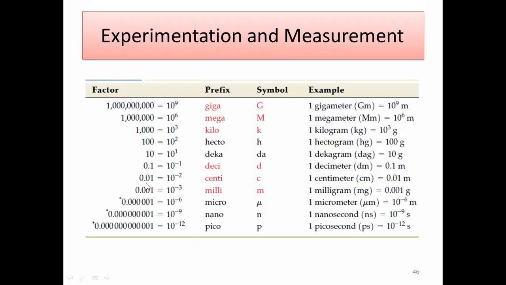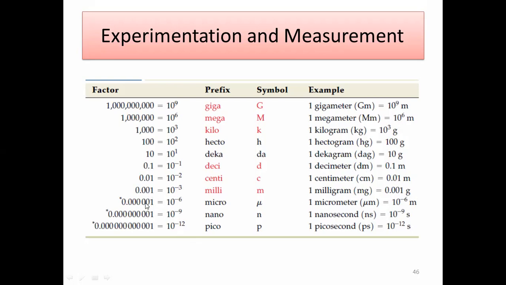So again, if you further decrease by one number, divide by 10, then it is exponent -3 or 0.001. This is called the milli, and it is represented by the small m, and that means 1 milligram will be equal to 0.001 gram.